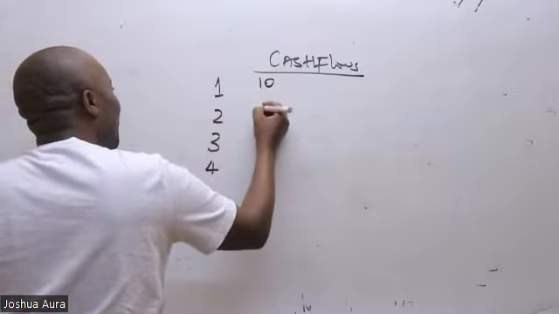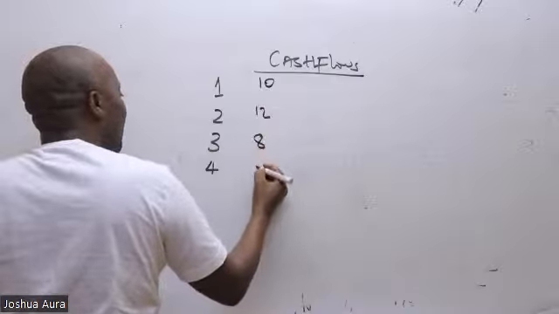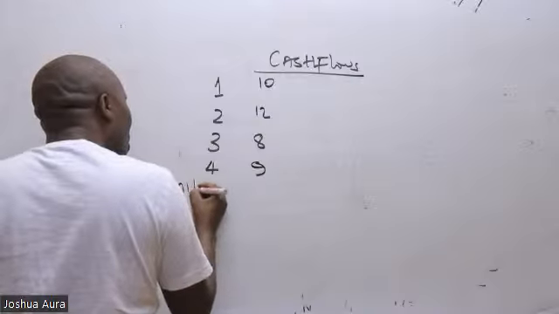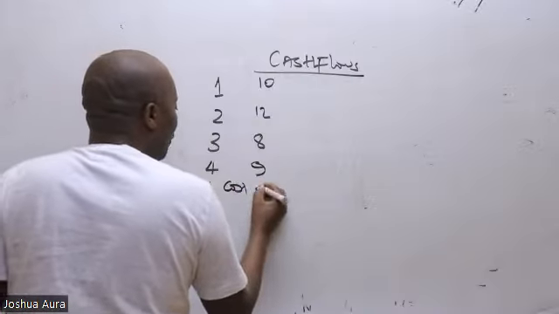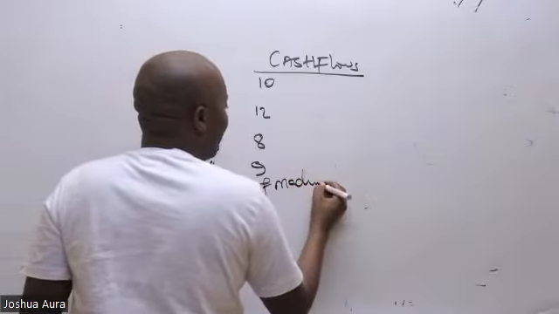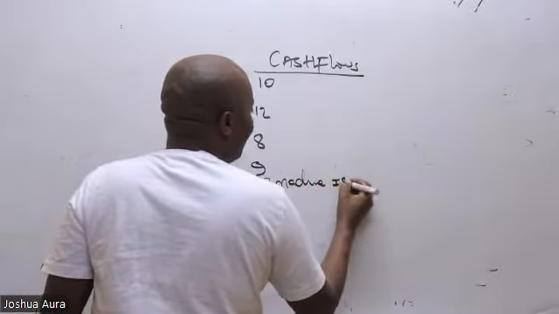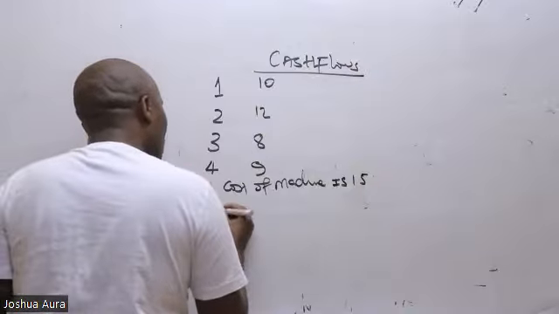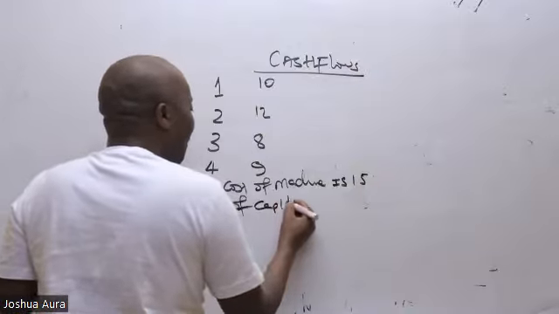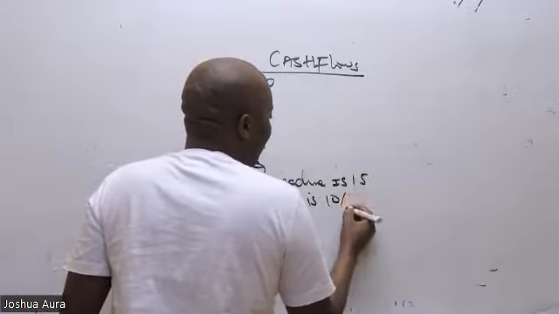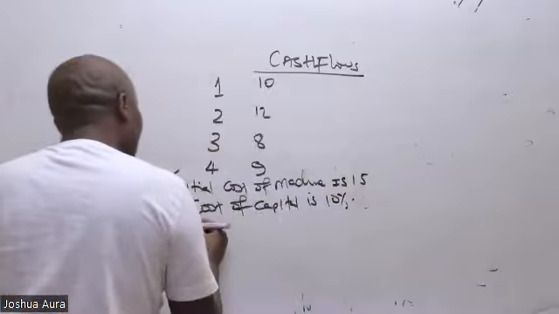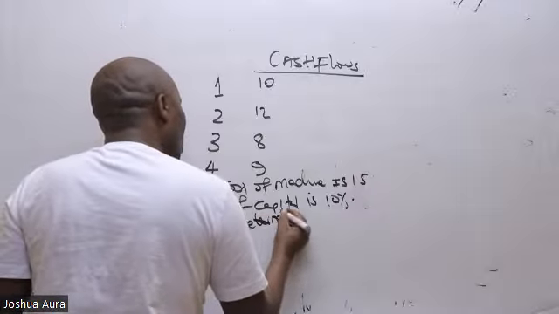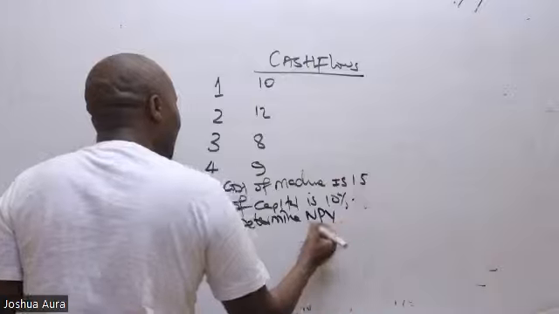For example, these are 10, 12, 8, 9. And then they'll tell you that the initial cost of the machine is maybe 15, and that the cost of capital is 10%, and you are required to determine net present value.